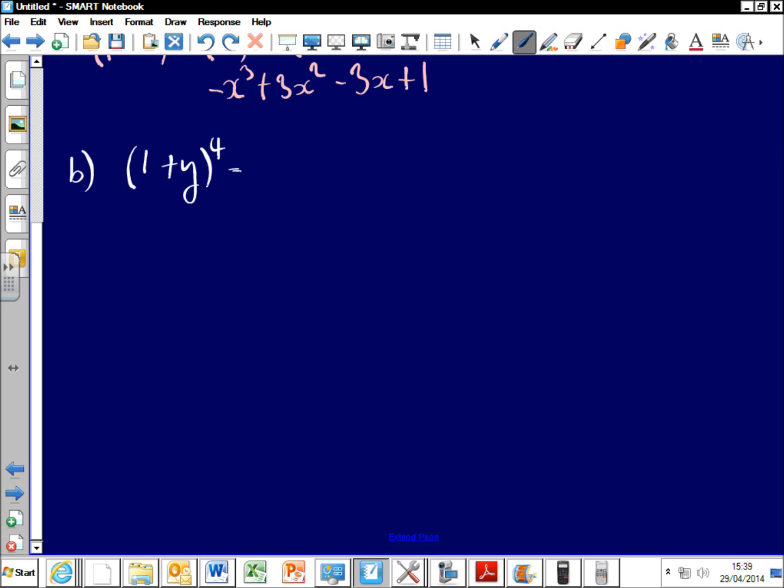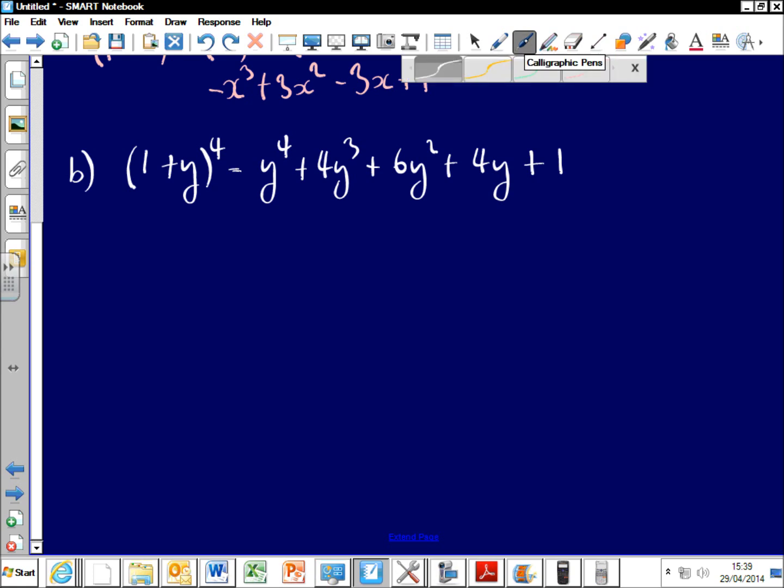When I expand this one using the same formula as above, you should get y to the power of 4, and then 4 choose 1 times y to the power of 3. So 4 choose 1 is just 4, and then you should get 4 choose 2. What's 4 choose 2? 6, brill. And then 4 choose 3 is 4 again, and then just a 1 on the end. So that's the expansion of that. Okay, is everyone happy with that?